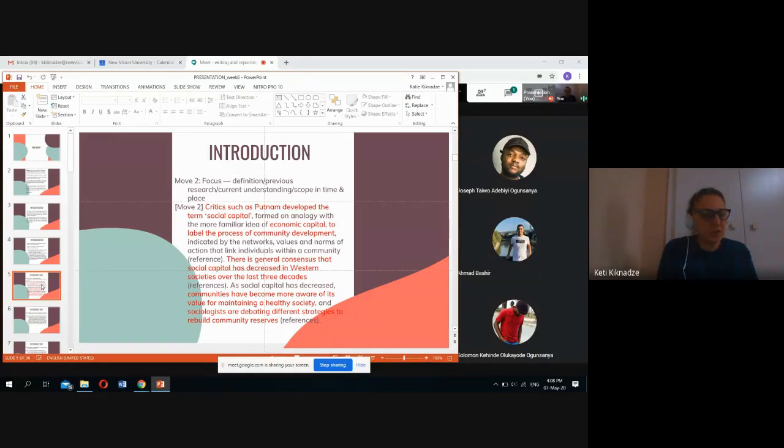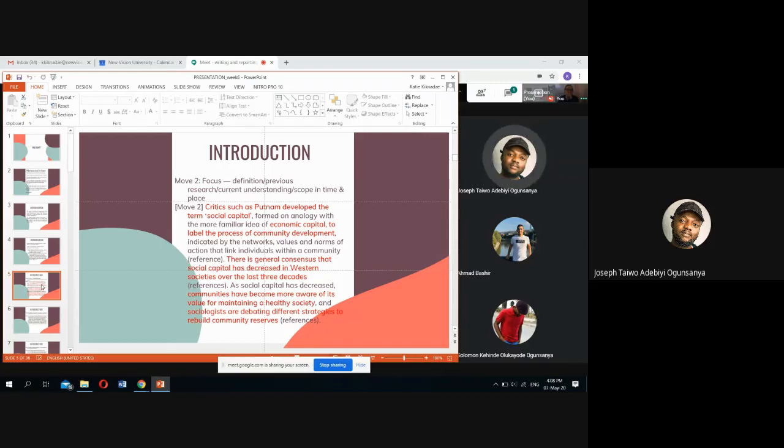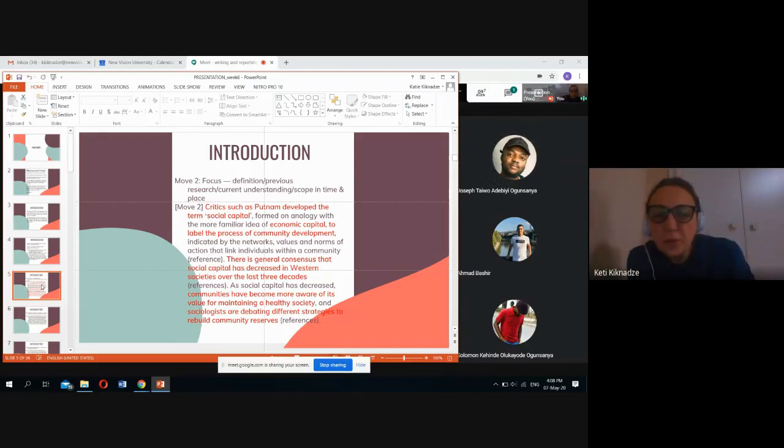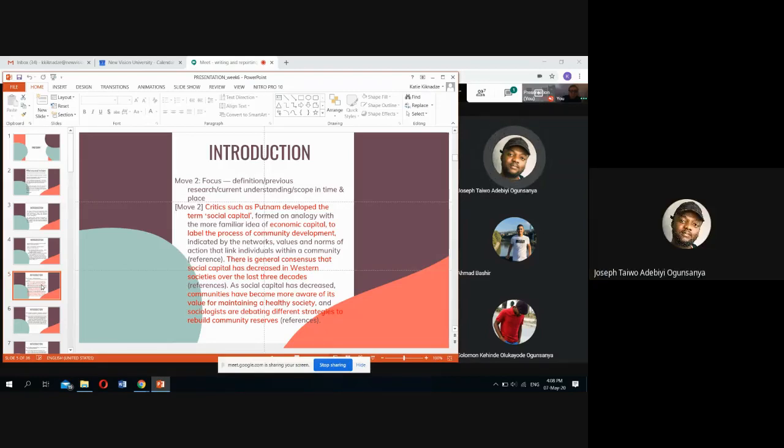What is the purpose? Of move one? Focus, I think. The first stage is to focus on the topic and grab the attention.